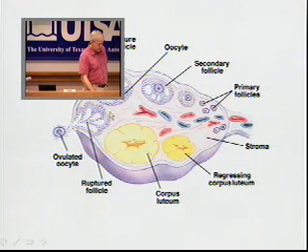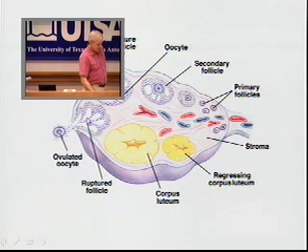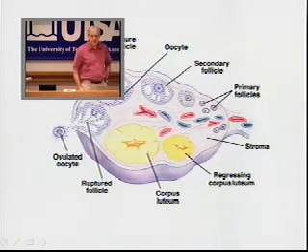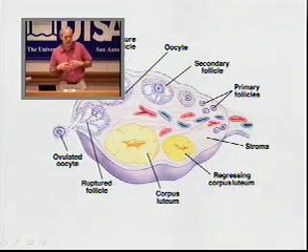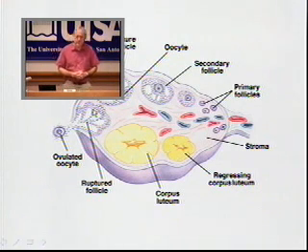There's a pool of these primary follicles that will be recruited, and they will begin to develop, and ultimately only one of them will reach the stage of maturity, and those that don't reach this mature stage will undergo a spontaneous death process. The collective term is atresia.